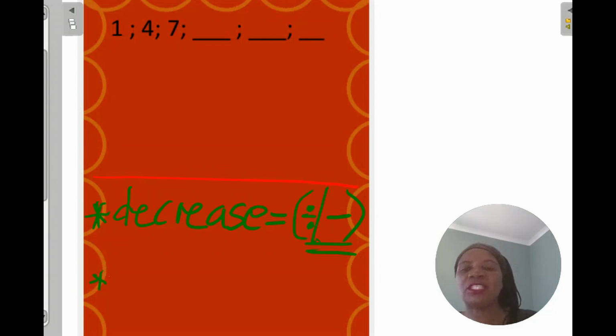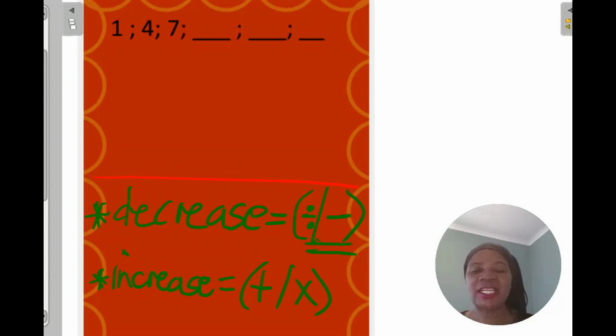Then the opposite is true. If the sequence is growing bigger, if the numbers are increasing, then we have to consider addition or multiplication. Just that. Increasing or decreasing. When we add, numbers grow bigger, and when decreasing, the numbers get smaller.